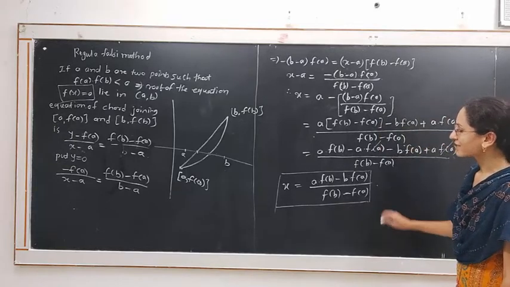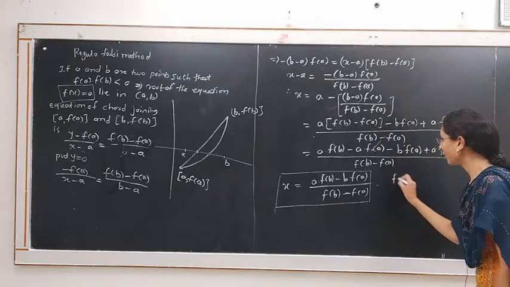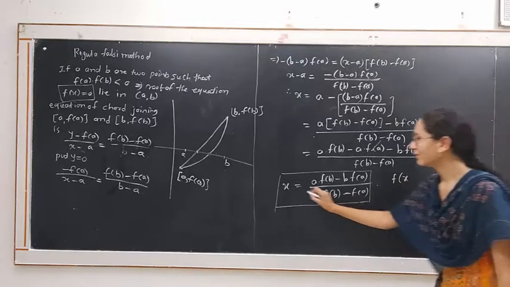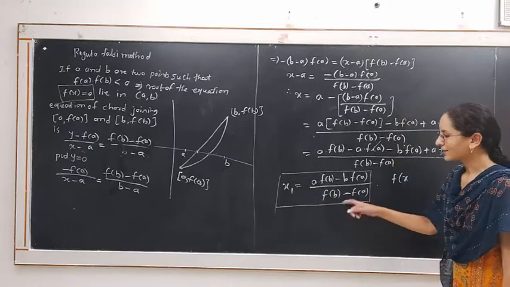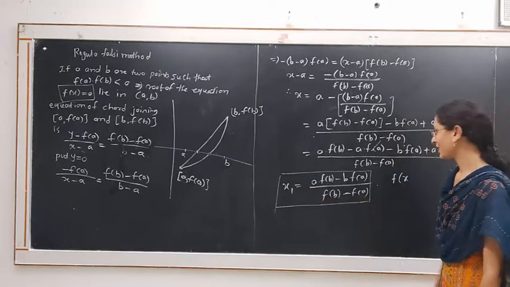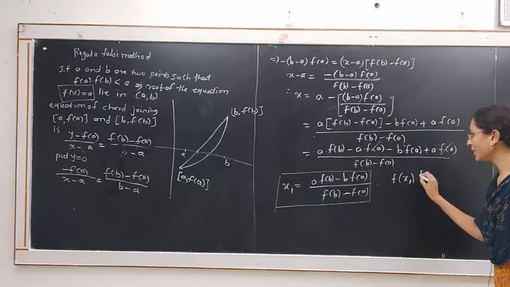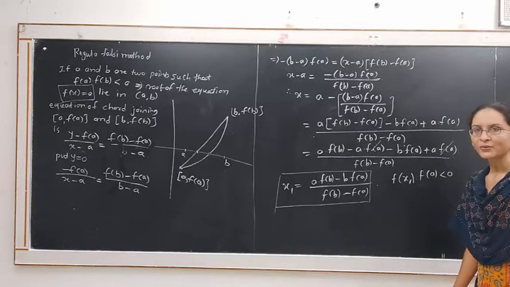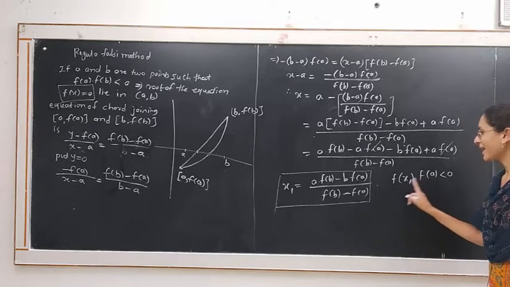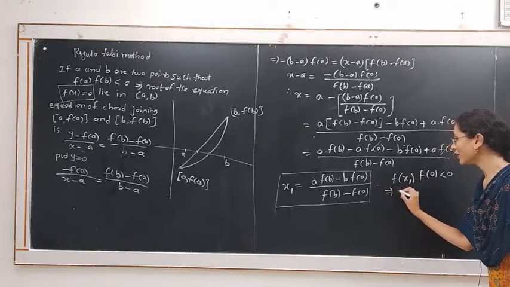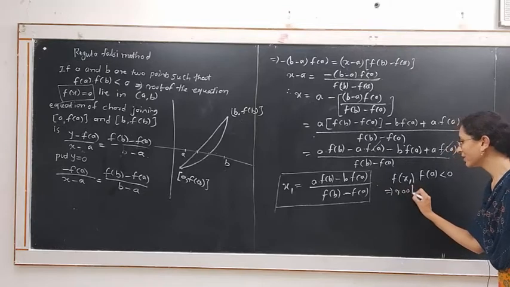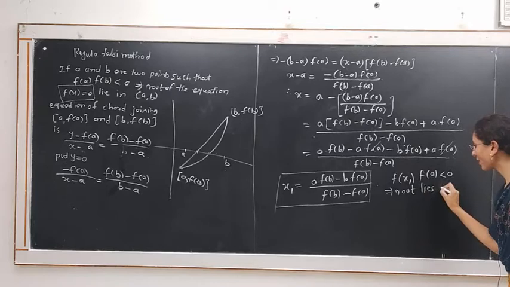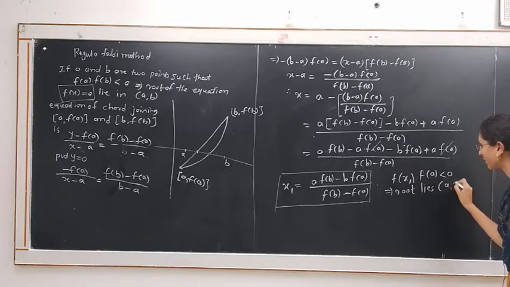Now, in the next step, suppose this is the first iteration, and it gives the value of x1 for regula falsi. If f of x1 into f of a is negative, then the root lies between a and x1, that is, the root of the equation f of x equal to 0 lies in the interval a, x1.